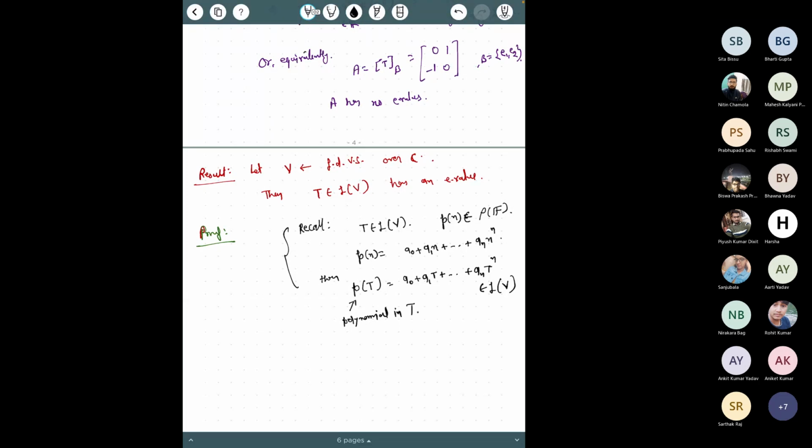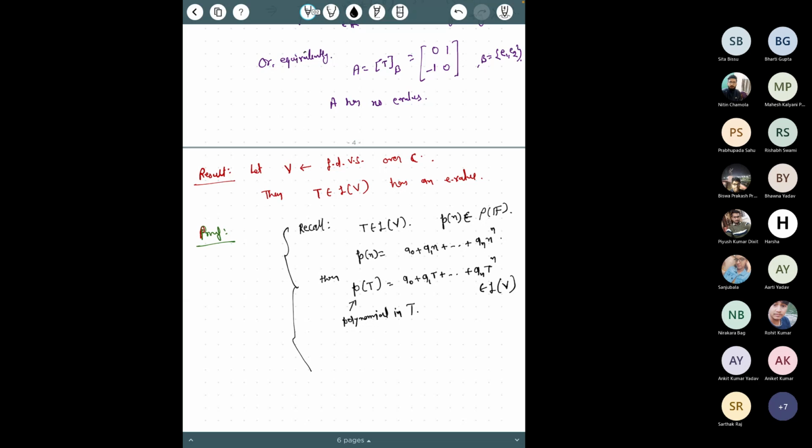The second thing is the fundamental theorem of algebra. What it says is that every non-constant polynomial of degree n over C has exactly n roots. In fact, if you have a polynomial over C, then you can write a factorization of this polynomial into linear factors.